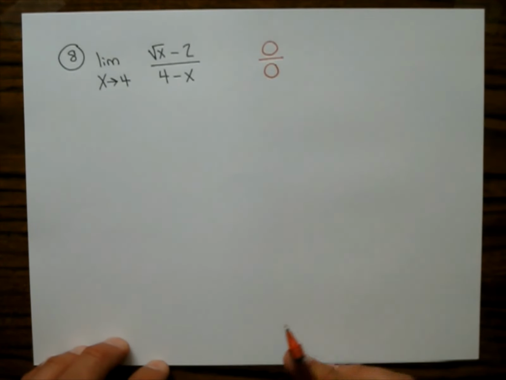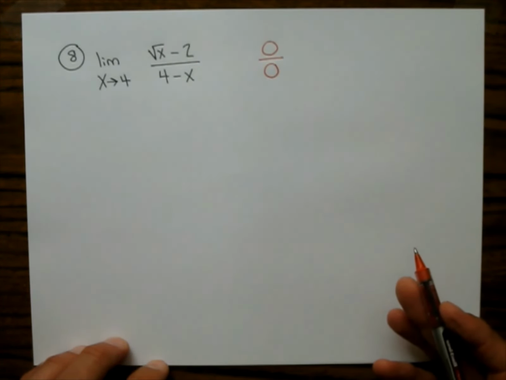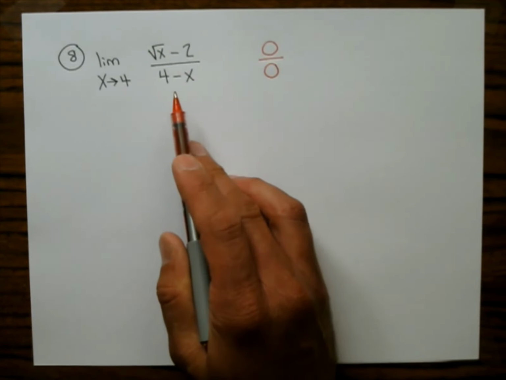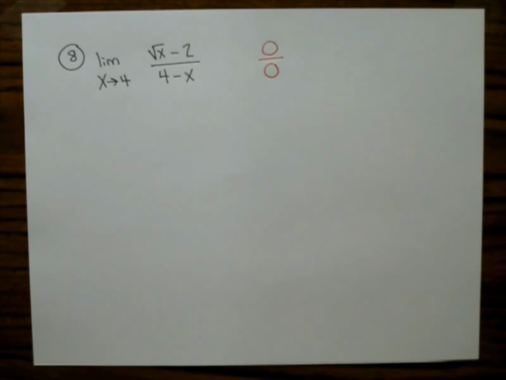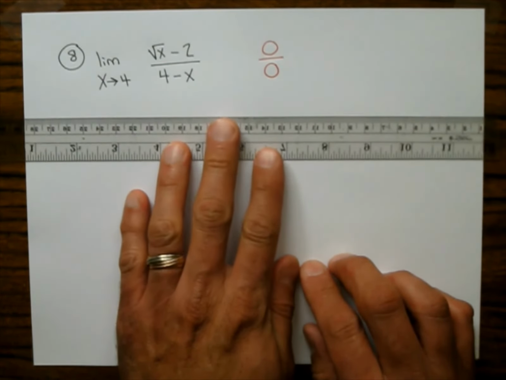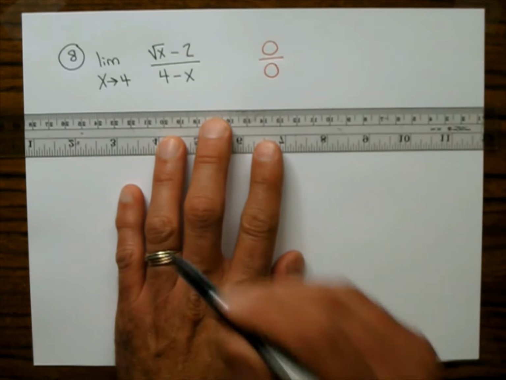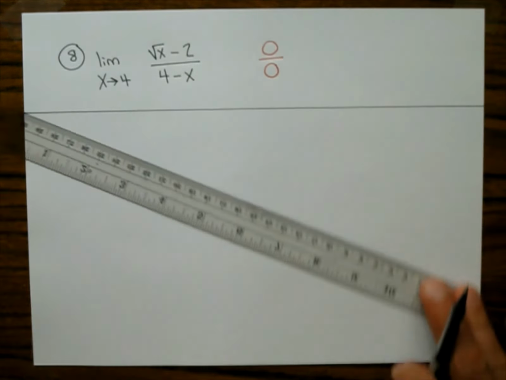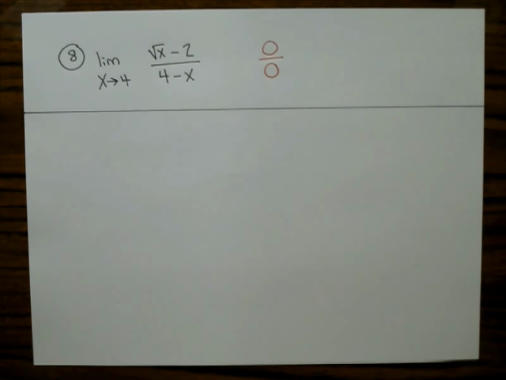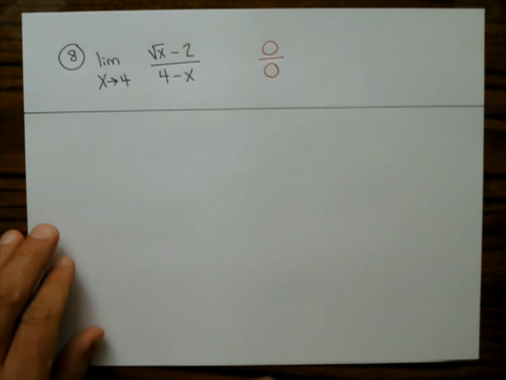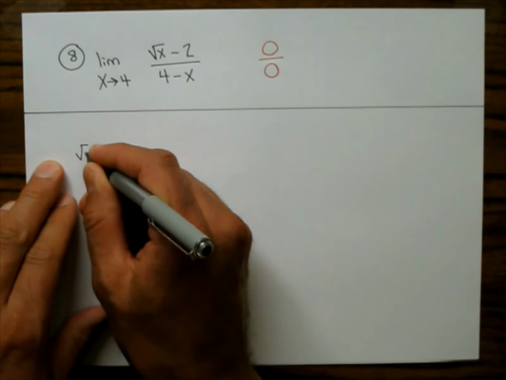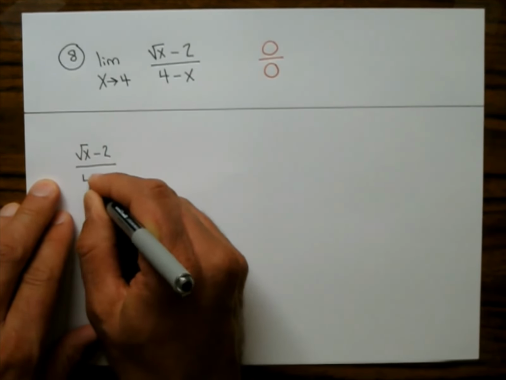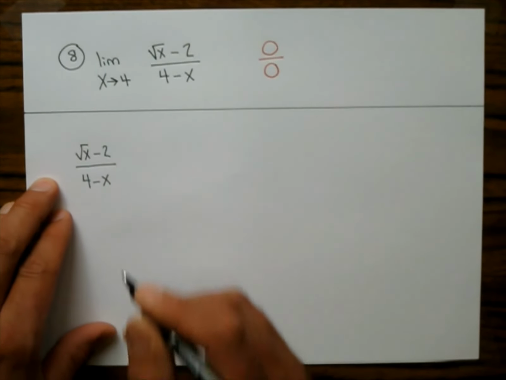Okay, so usually we try to reduce this, but now it seems like, how can I reduce this? So that's the question. I'm going to do some other kind of algebra, and we'll draw a line because we're going to focus on the function and see what we can do with that. And some of you might already have an idea what to do. So we have square root of x minus 2 on the top, and then 4 minus x on the bottom.